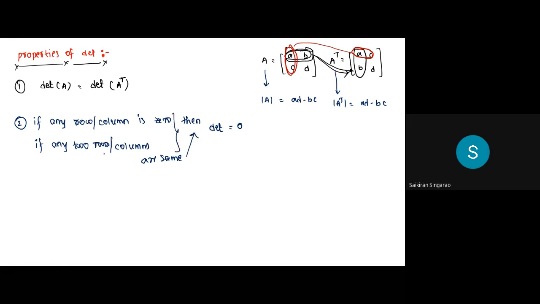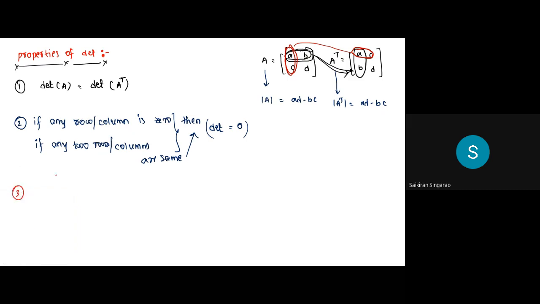So when two rows or two columns are the same, then also that is going to come 0. If any one row or any one column is 0, then also the determinant is going to come as 0. And since we talked about determinant of A and A transpose being the same, whatever property applies on rows should also apply on columns as well, right? I hope you got this.